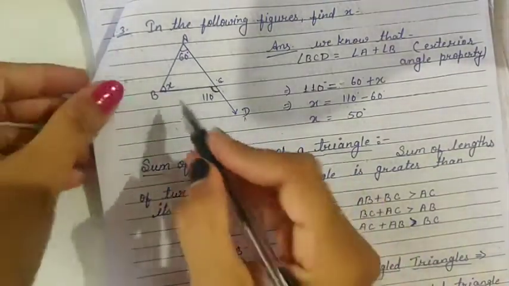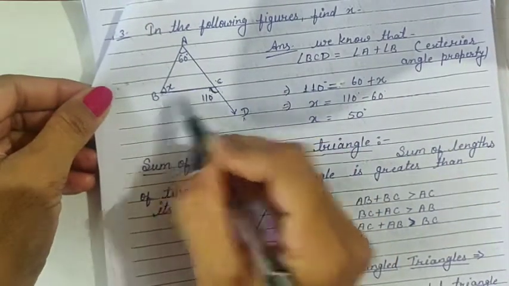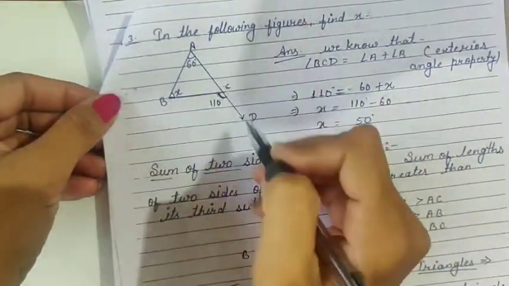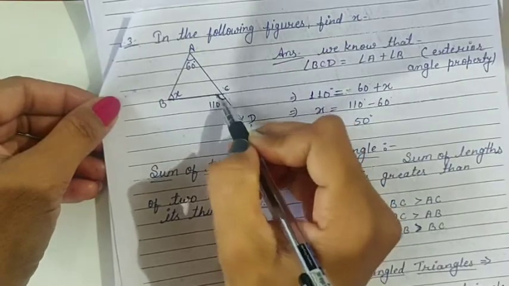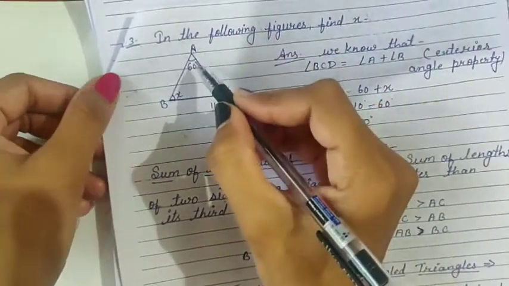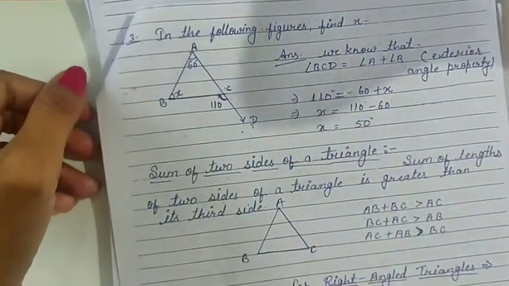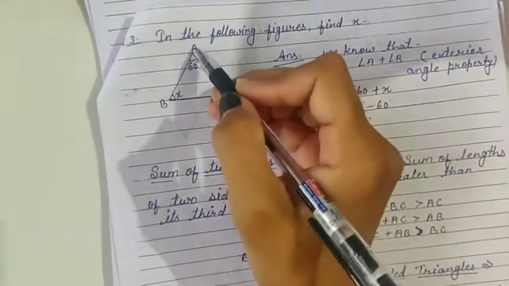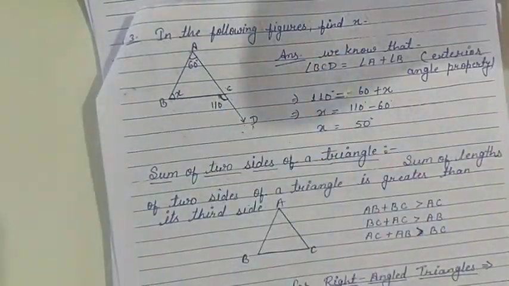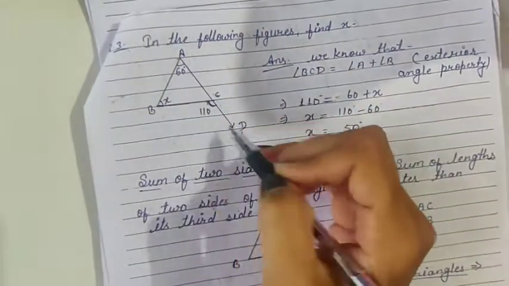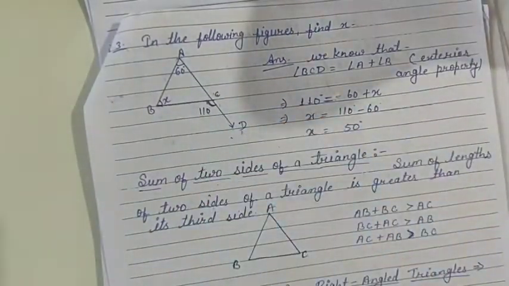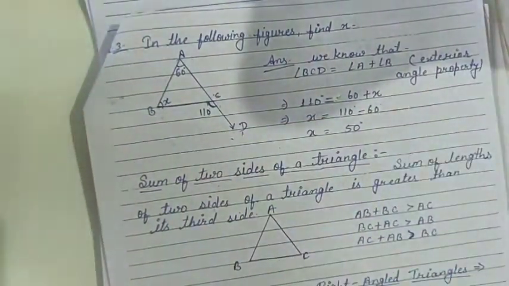Students, we know that this exterior angle BCD equals angle A plus angle B, because an exterior angle is equal to the sum of opposite interior angles. Angle BCD equals angle A plus B by the exterior angle property.